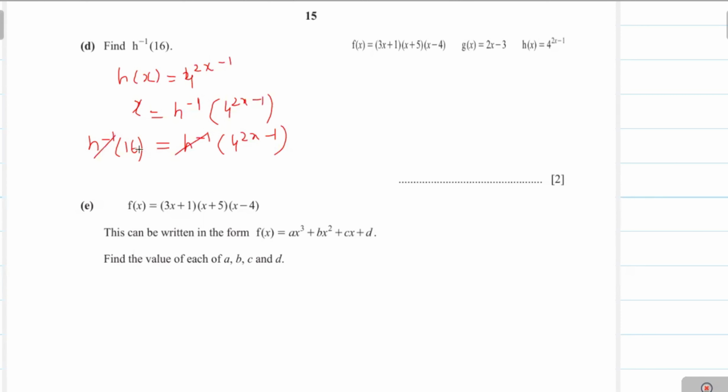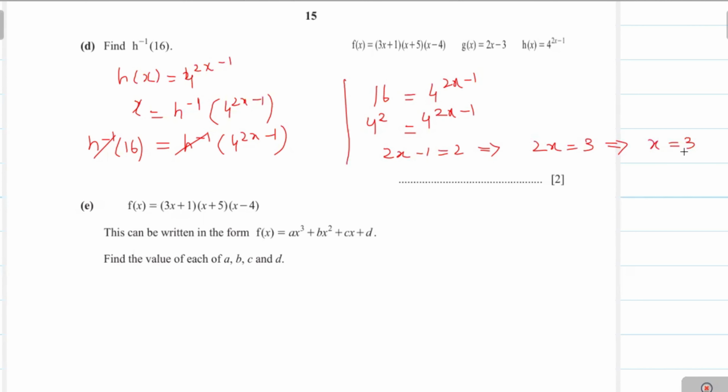This will be cancelled, therefore 16 will be equal to 4 power 2x minus 1, and we can write it as 4 power 2 equal to 4 power 2x minus 1. Both have the same base, therefore we can write 2x minus 1 equal to 2, and 2x equal to 3. Therefore, x will be equal to 3 over 2, which is equal to 1.5, and this is the answer.